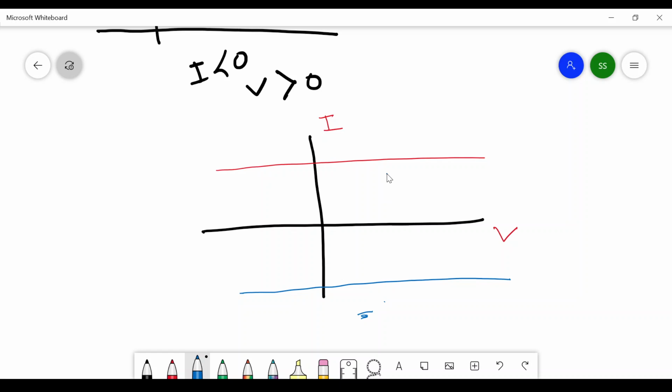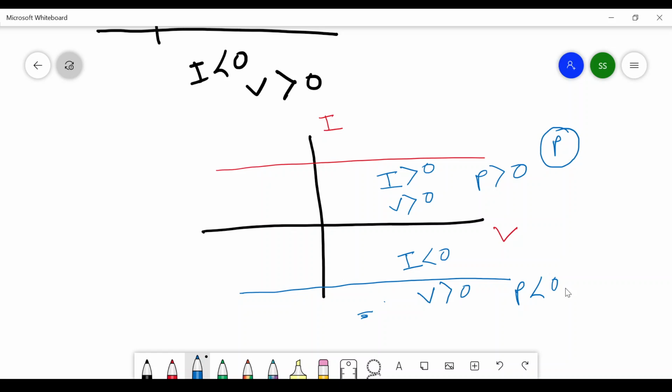What is the condition here? I is positive, V is positive, so P is positive. If I stick here, then I is negative, V is positive, P is negative. So here it is a passive element, here it is becoming an active element. Similarly here, I is positive, V is negative, then P is negative, active element.